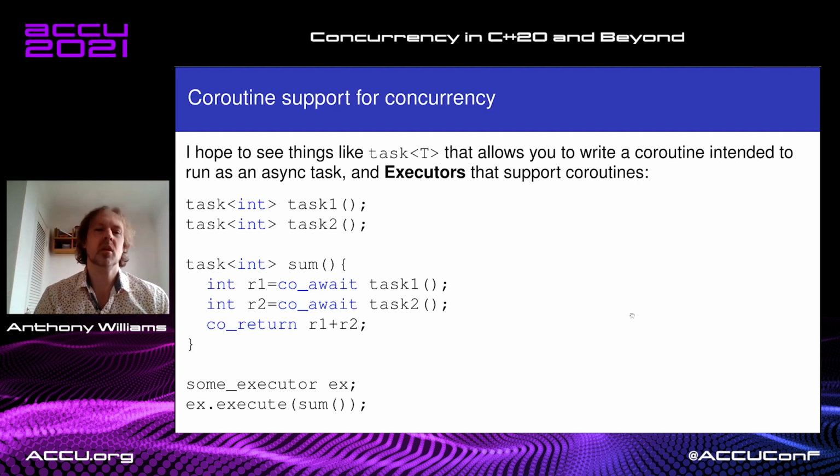So the building blocks are there. I'm hopeful that we will get things that work like this soon, but we don't have it in the standard yet. This is why it's in the future standard part of the talk.